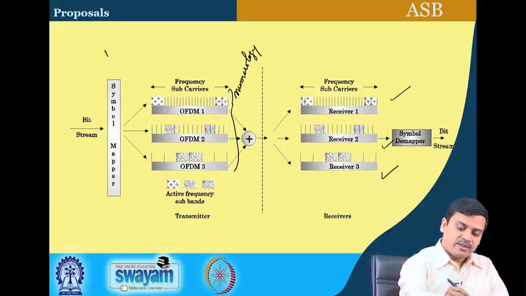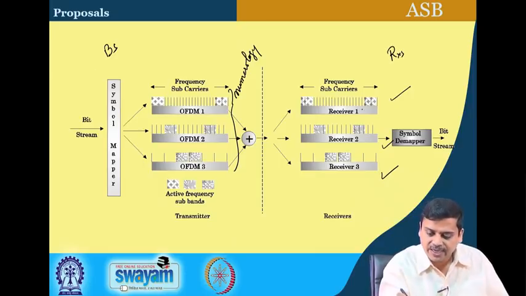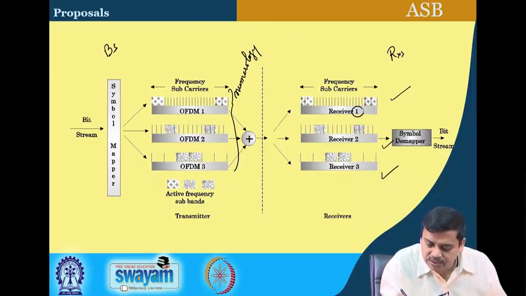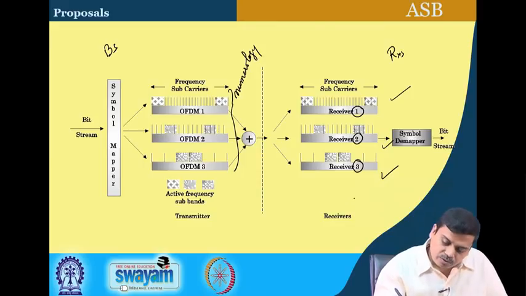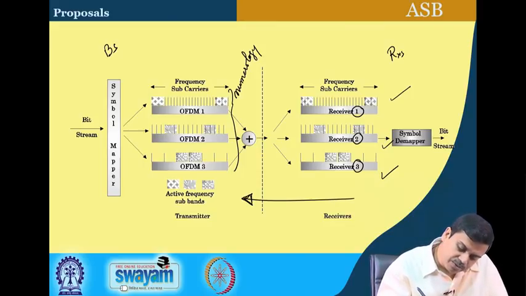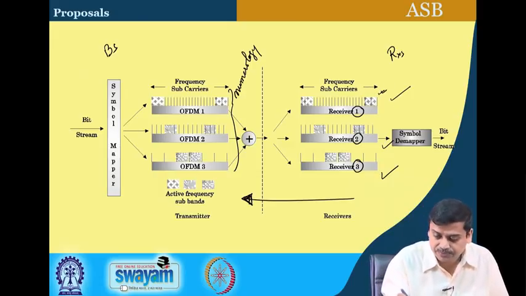So, as if this is the base station and these are the different receivers as have been indicated here, receiver 1, receiver 2, receiver 3, they can decode independently, and one can also think of a reverse direction transmission. That means, each one now becomes a transmitter and would activate only these few subcarriers out of the entire set of subcarriers.